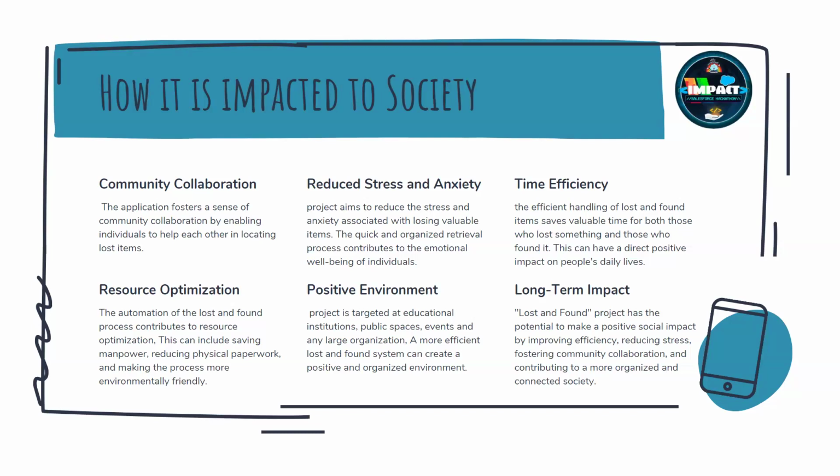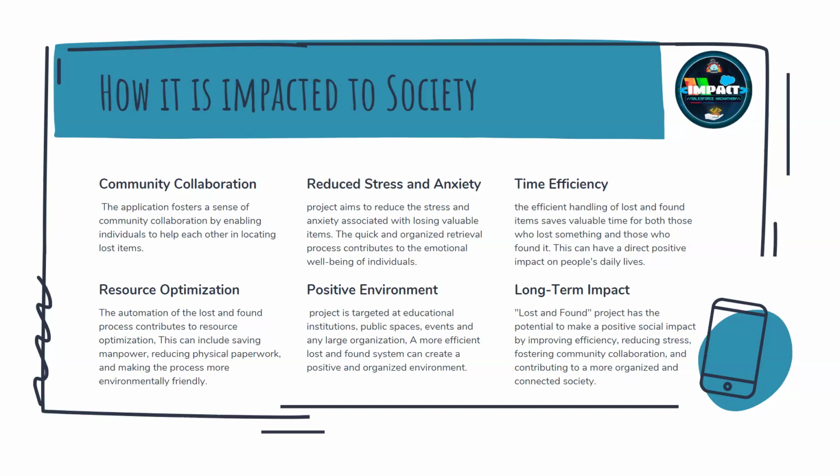The next point is time efficiency. If we lose something, we waste so much time finding it in places we don't know. With the help of our system, we just need to go to our URL and report it, and if a person finds it, we will notify by email.